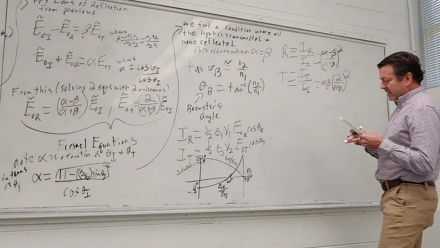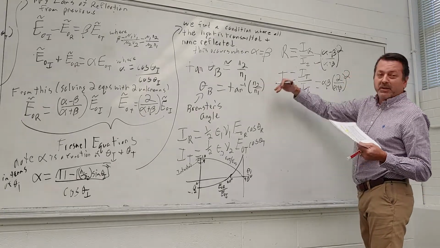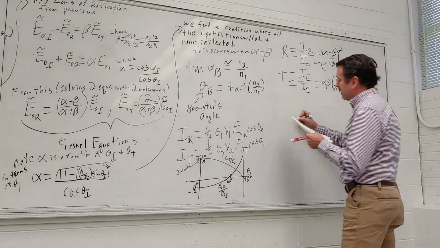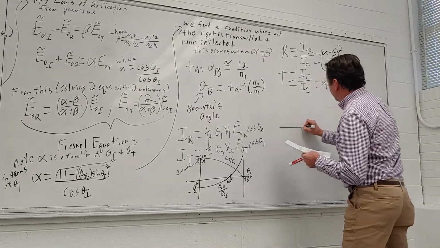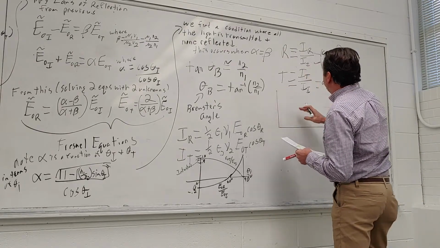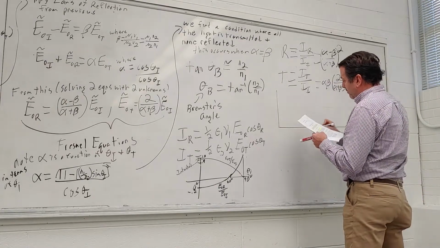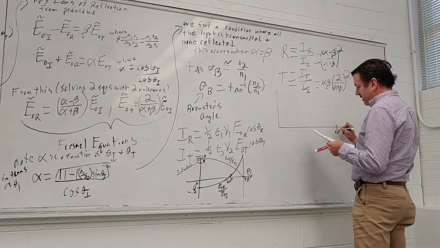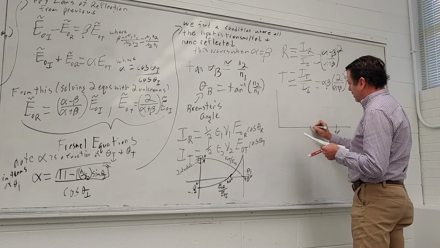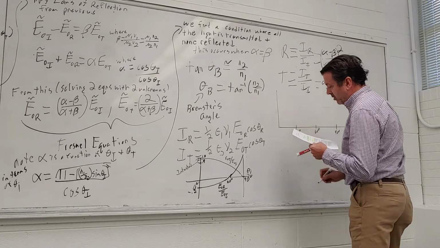And what you can see is, for this n2 and n1, which in this case is probably an air to glass interface, if you look at a graph here, and now you know these have to be bound between 0 and 1 from what we did last time. We'll make this 90 degrees, put 60 degrees right about here, and 30 degrees right about here.